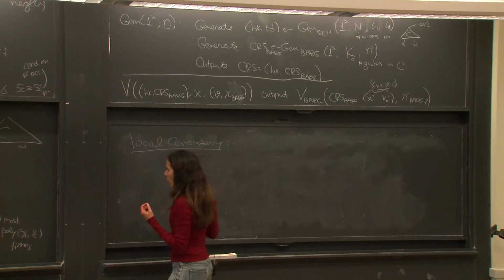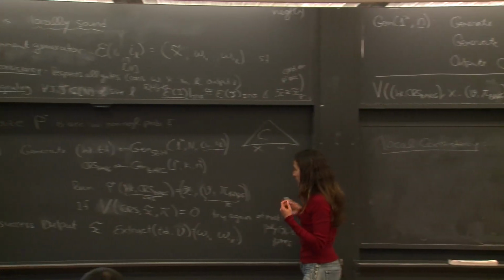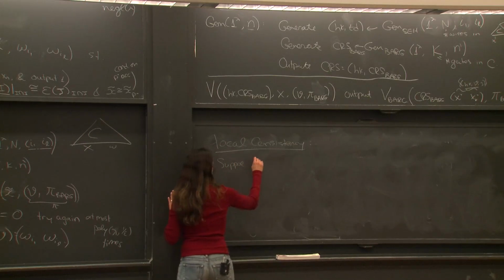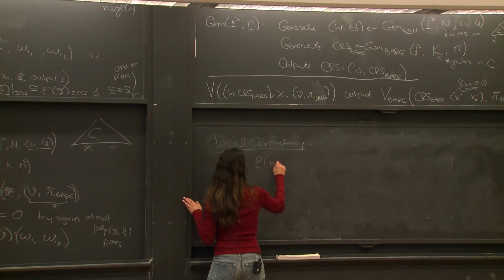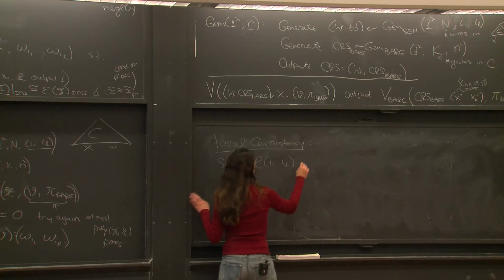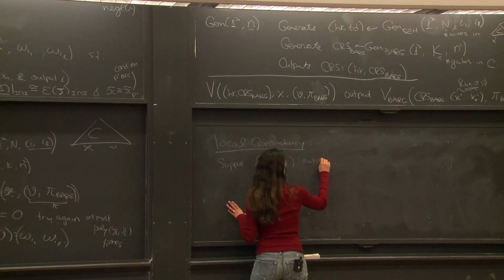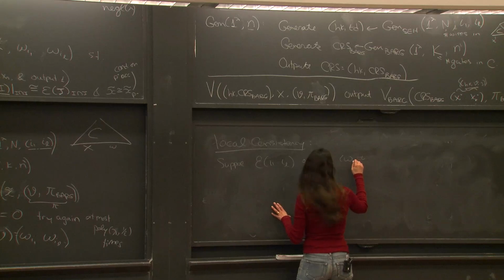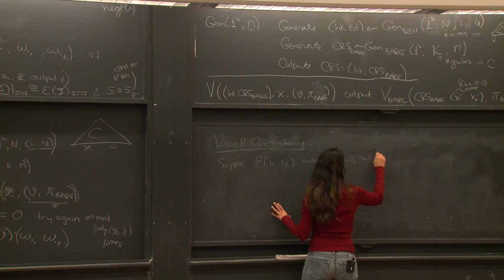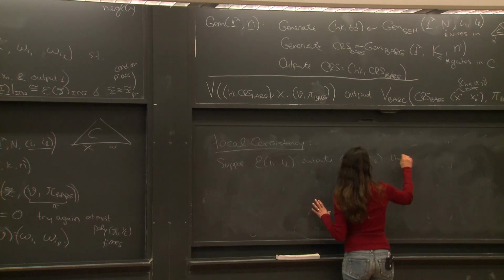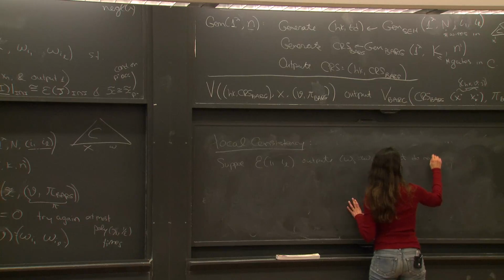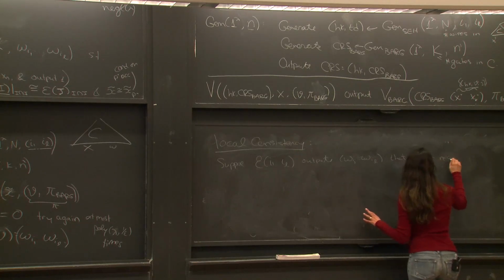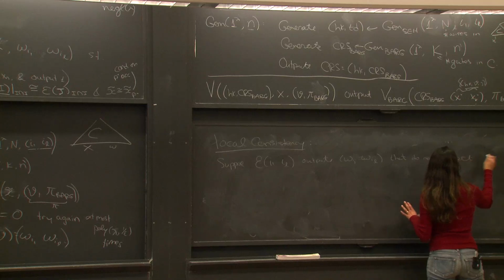So suppose the extractor, on an input I1 up to IL, outputs wire values W1 up to WL that do not respect some gate.